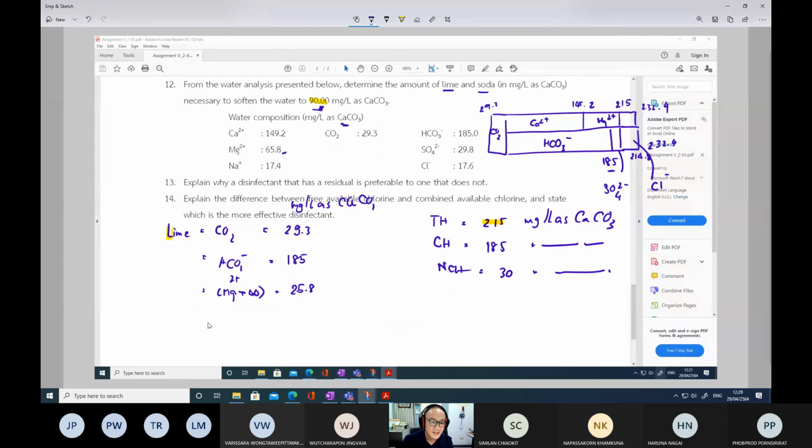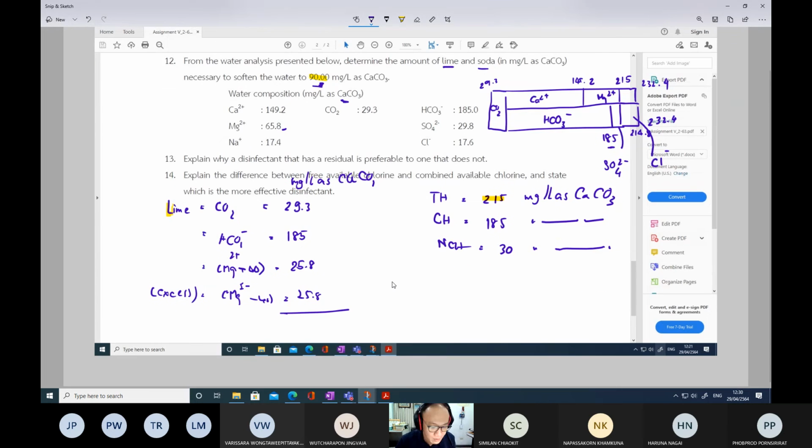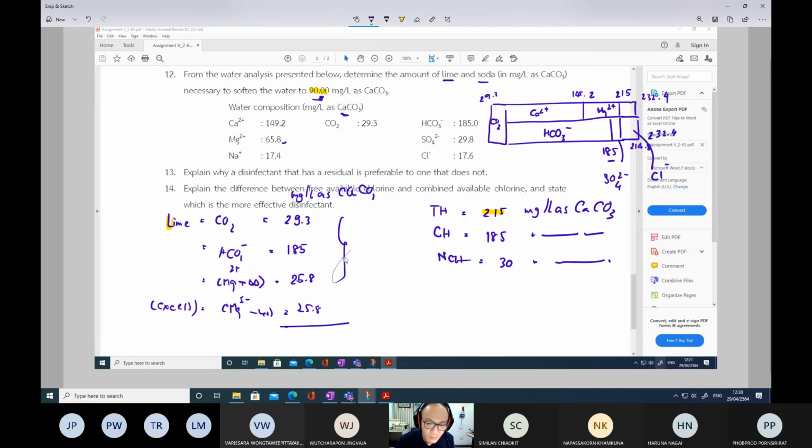This one is the excess lime, the same 25.8 as before. So how much lime is required in this case? You have to combine all these four.